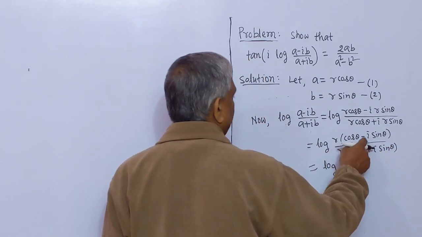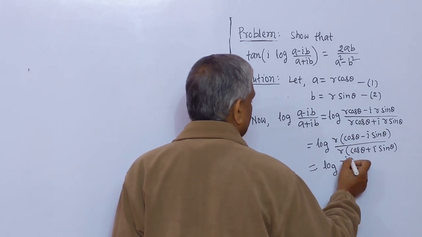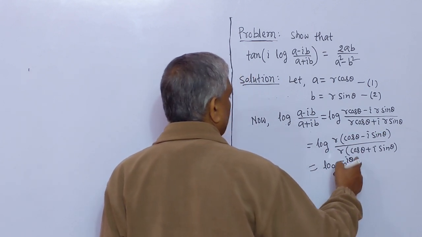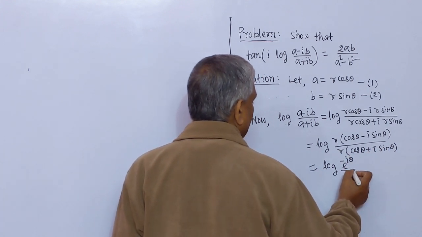Here cos θ − i sin θ is e^(−iθ), and cos θ + i sin θ is e^(iθ).